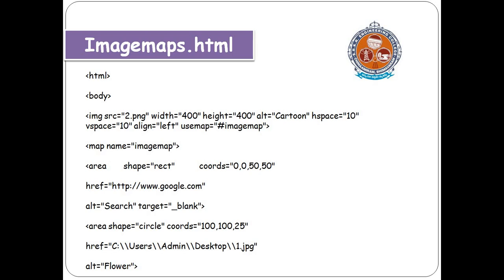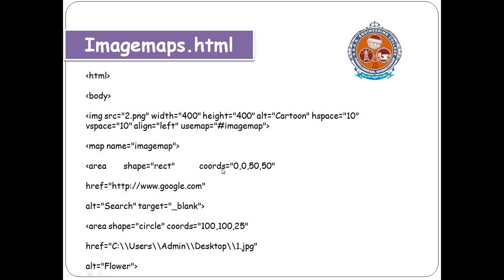So here I created an image, image2.png, with width, height, alt, hspace and vspace, align left, usemap equals to hash imagemap. Okay, that means it is client side. Map name equals imagemap.